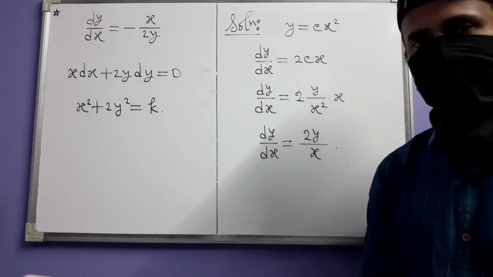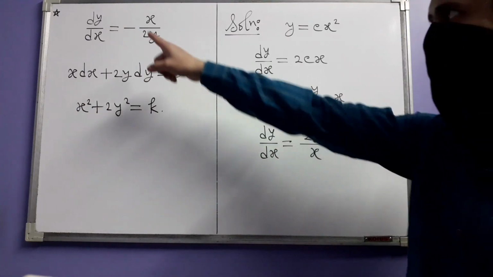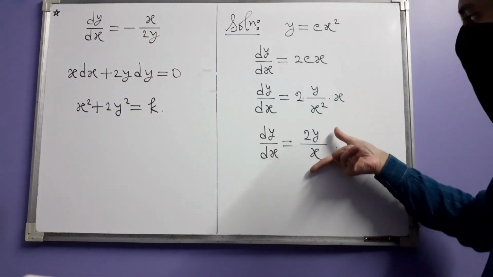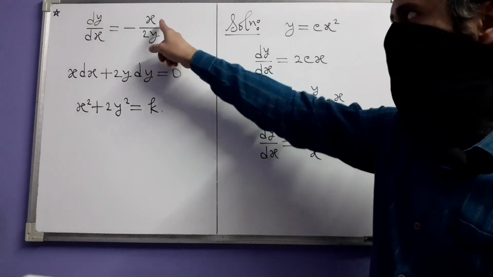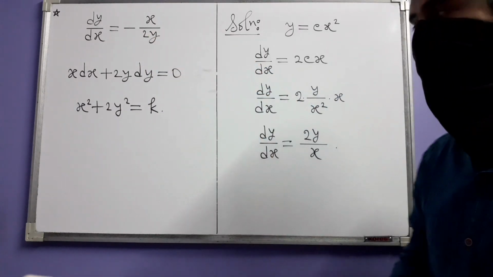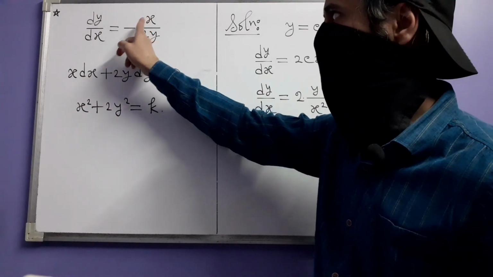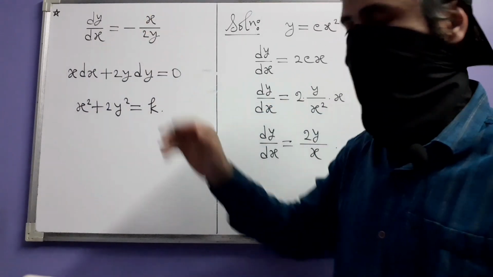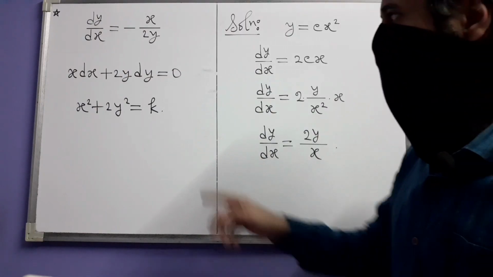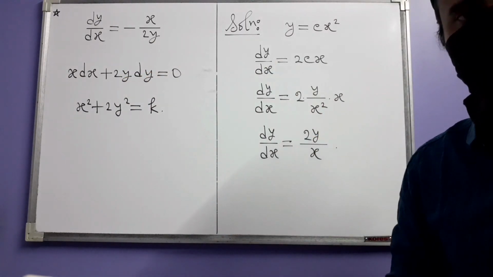So the differential equation for an orthogonal trajectory would be this: dy/dx equal to the negative reciprocal of this, minus x divided by 2y, from which if you do rearrangement, the equation takes on this form. You can imagine what happened here: x dx plus 2y dy equals 0.